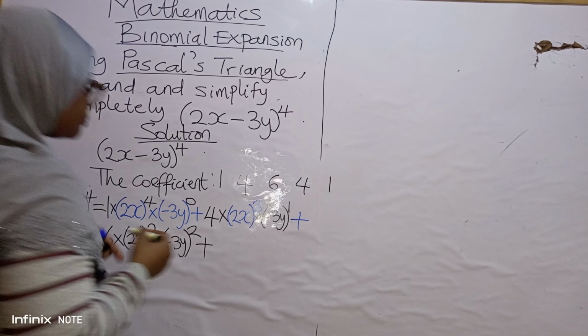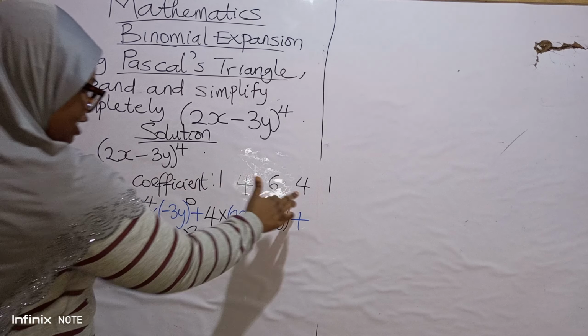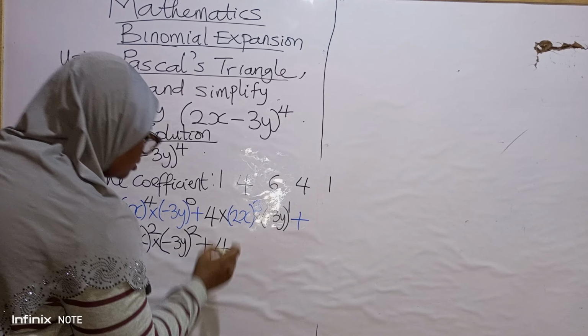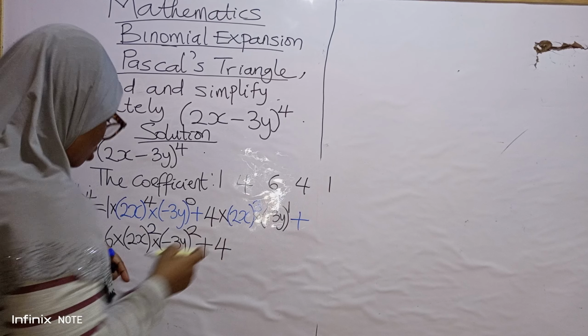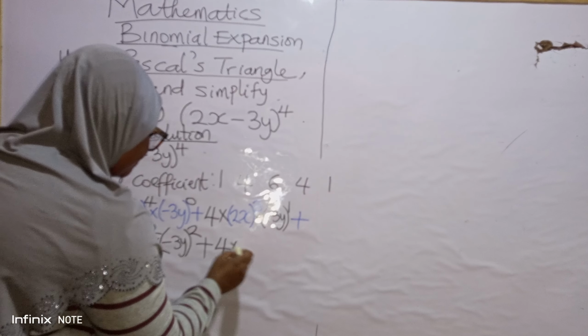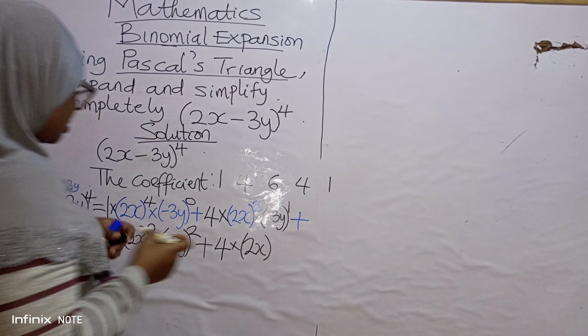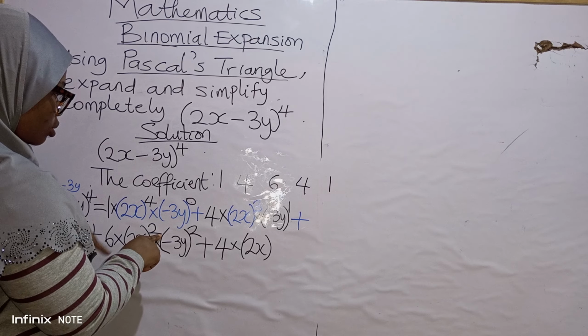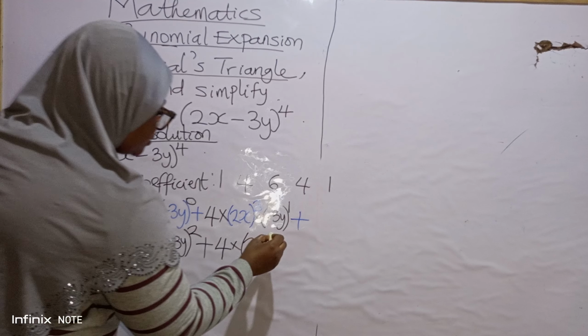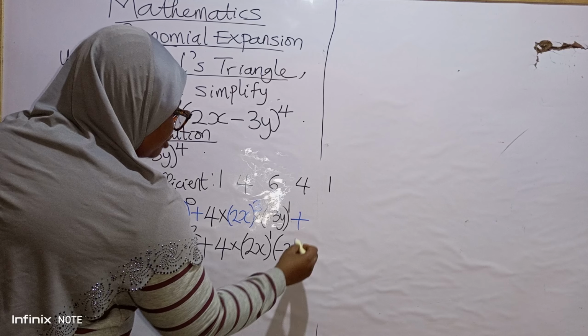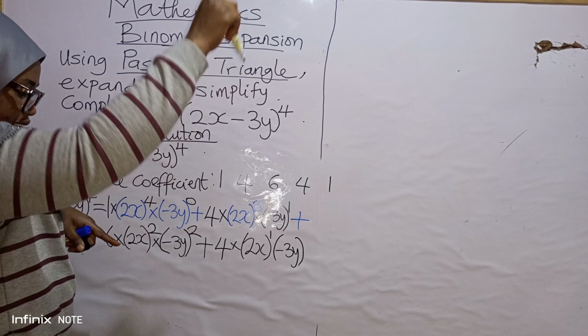Plus the next coefficient is also 4. You know we have 4 here already. That's why I said also. So multiplied by the first term, which is 2x, raised to the power of 1, decreasing. Multiplied by the second term, which is minus 3y, raised to the power of 3, increasing.